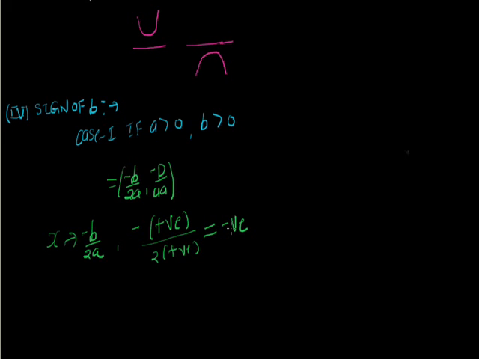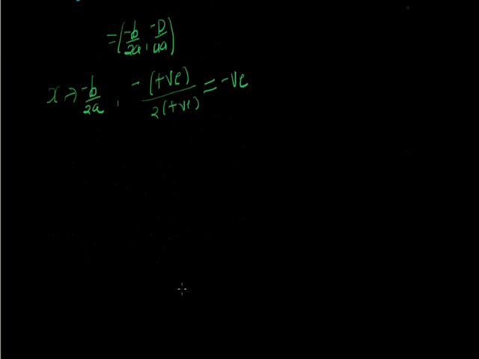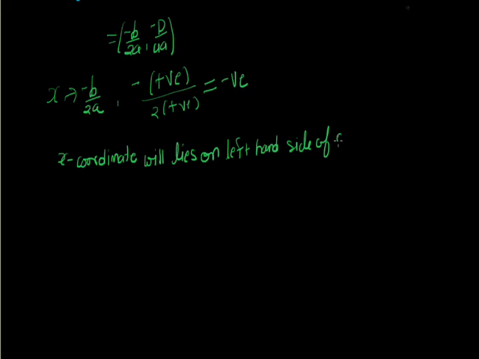Means if a and b are of equal sign, both positive or both negative, then the x coordinate will lie on the left hand side of the origin.